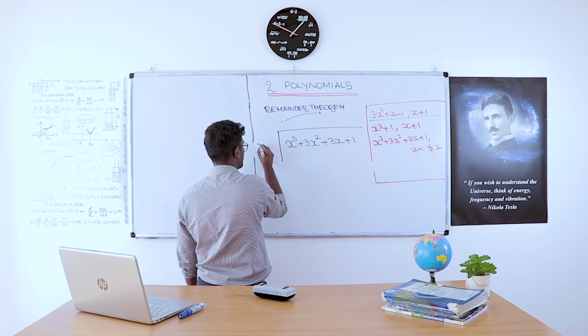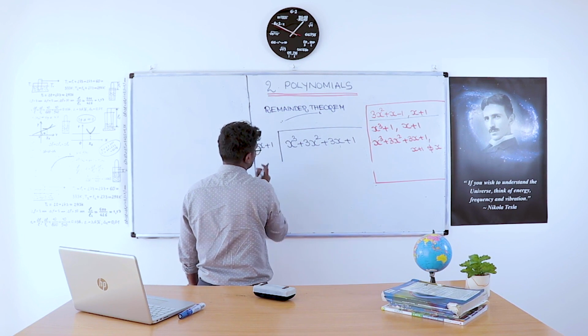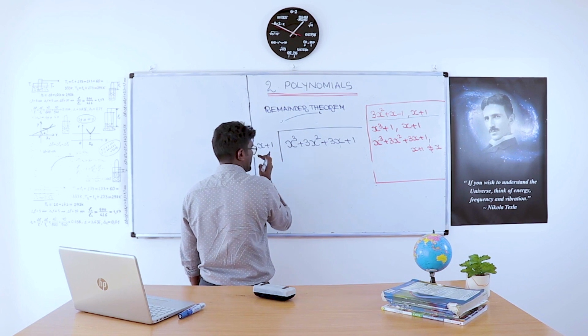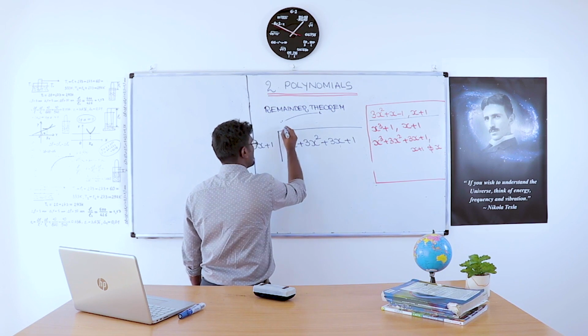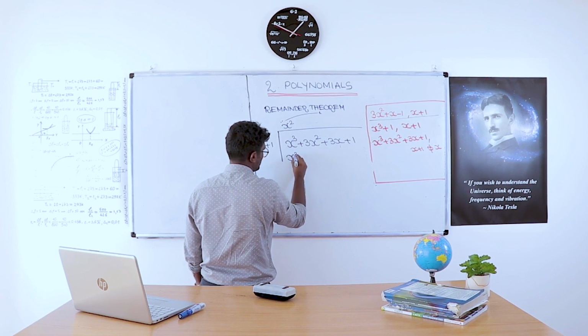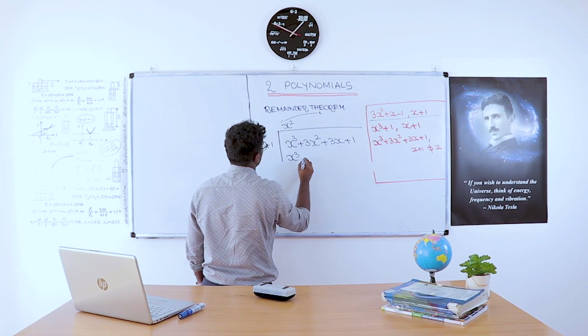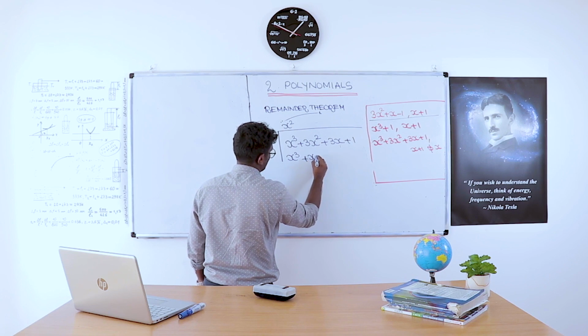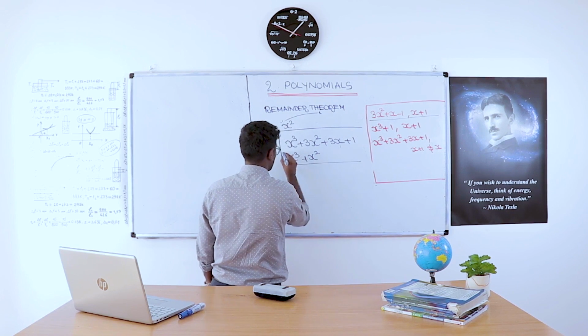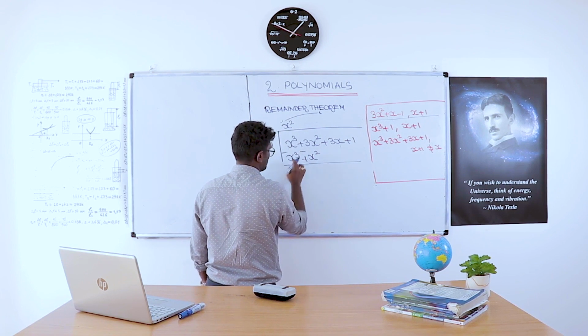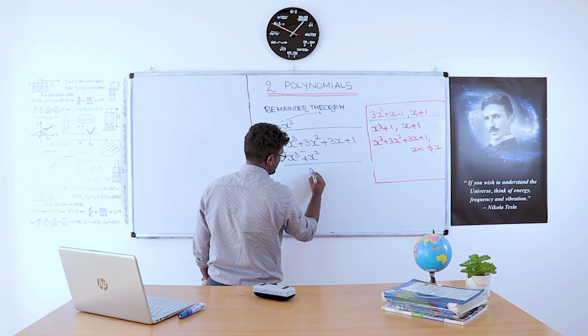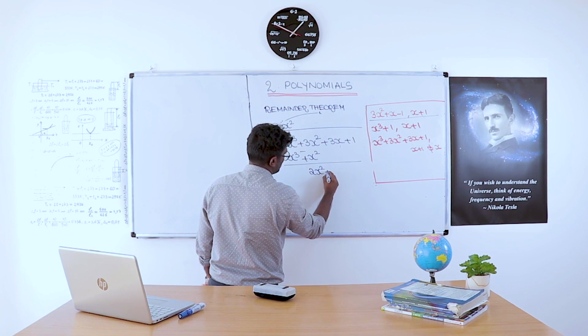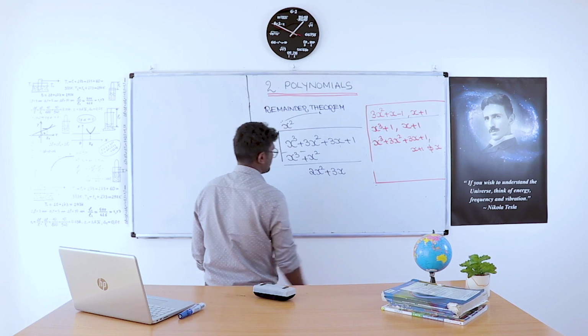So this is x plus 1. X cube divided by x is x square. X square into x, x cube, x square into 1 plus x square. So this is minus: x cube minus x cube 0, 3x square minus x square is 2x square, plus 3x.